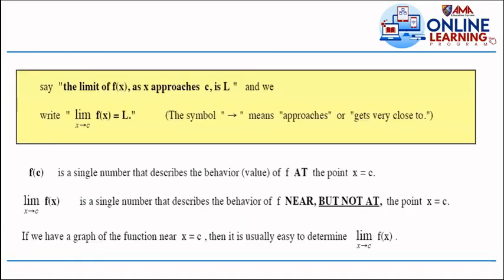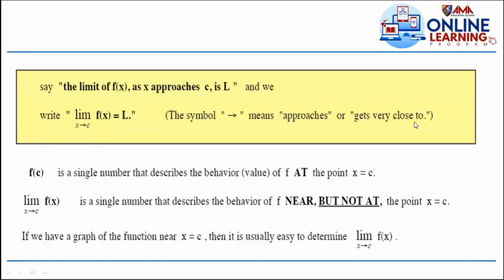Okay? So sabi dito, we say that the limit of f of x as x approaches c is L. And we write limit of f of x as x approaches c is equal to L. The symbol, yung arrow to the right, means approaches or gets very close to, but not equal. Approaches siya, no?